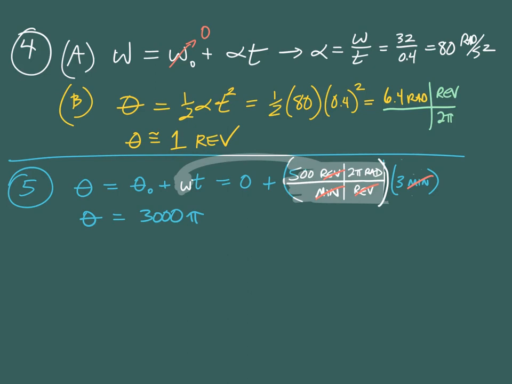So what about an arc length? Well, it is the case that arc length, going back to not only earlier in the course where we derived this from basically geometry of the circle, but you would have seen this in a trig or pre-calc class. So it's r theta. The radius was given as 0.043 meters, and we just found 3,000 pi as the angular displacement, or final position from 0, if you will.